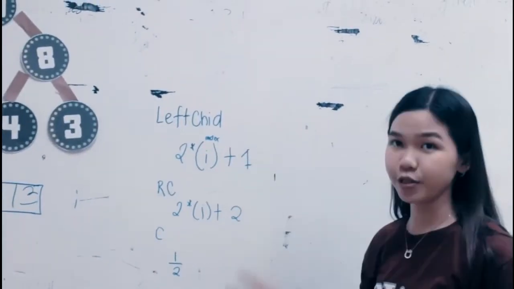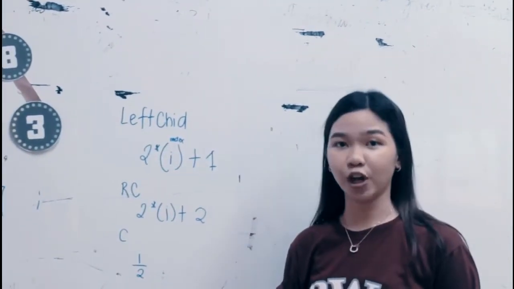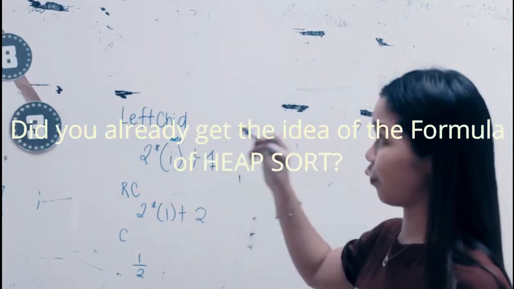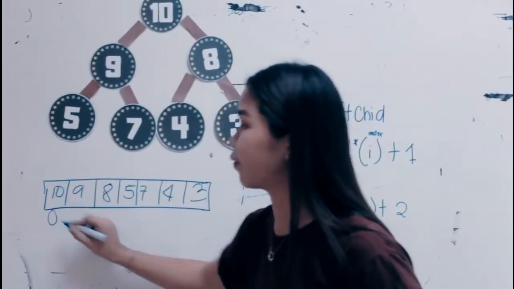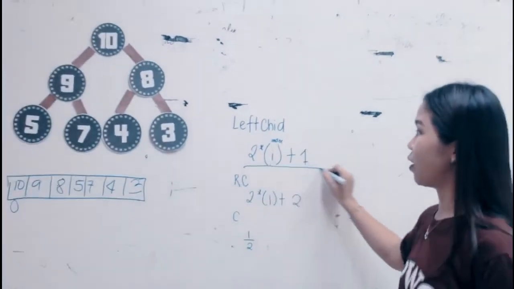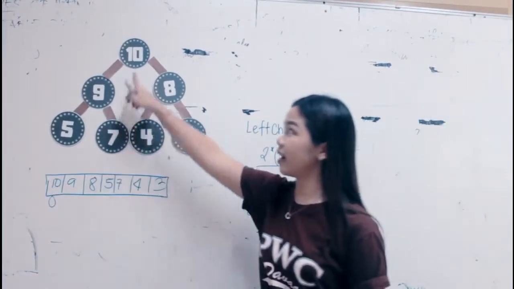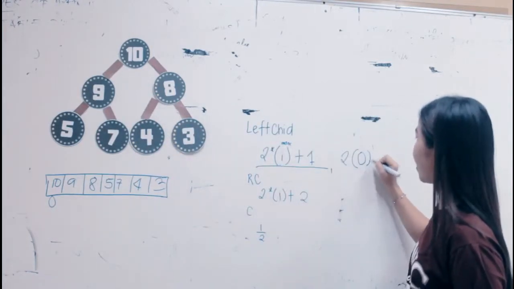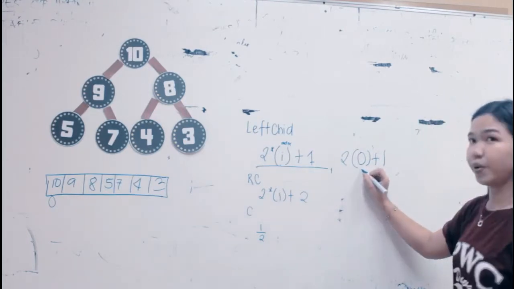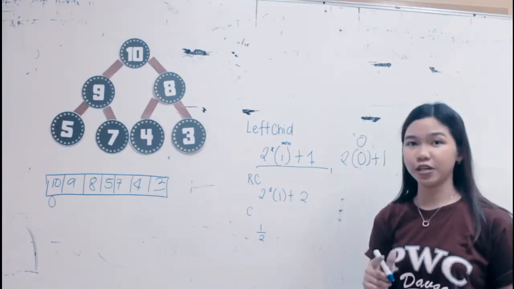Next, I also want you to be clear about the formula in making the heap sort, because this will be used in your Java program. If you're going to find the left child of array index 0, you will use this formula: 2 times the index, plus 1. Since the index of 10 is 0, you substitute 0 here. 2 times 0 is 0, because any number multiplied by 0 is 0.